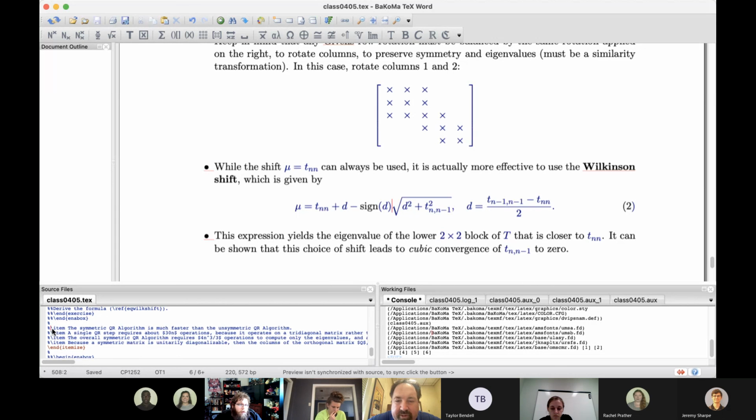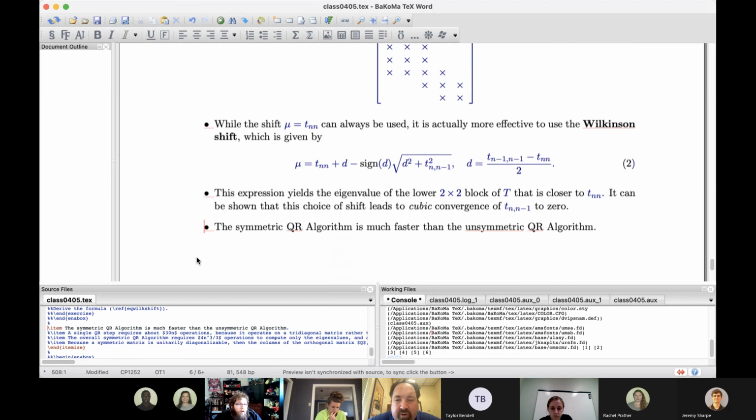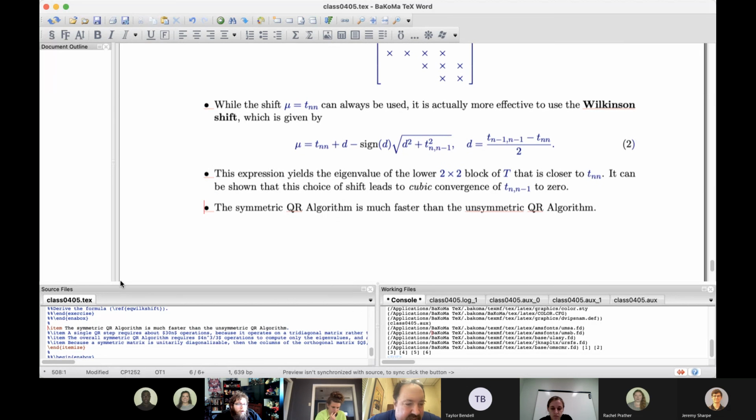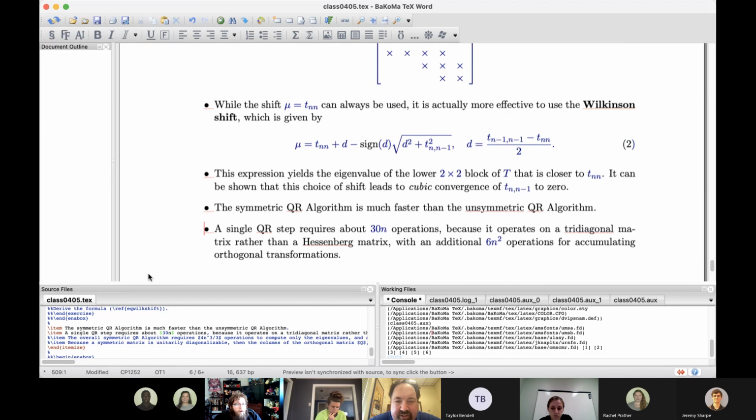So ultimately, the symmetric QR algorithm is a whole lot faster than in the unsymmetric case because there's so much less expense to doing a QR factorization. The shift leads to faster convergence. So a single QR step only requires order n operations instead of n squared. Now, if you are accumulating orthogonal transformations to get eigenvectors, then you're doing order n squared work.